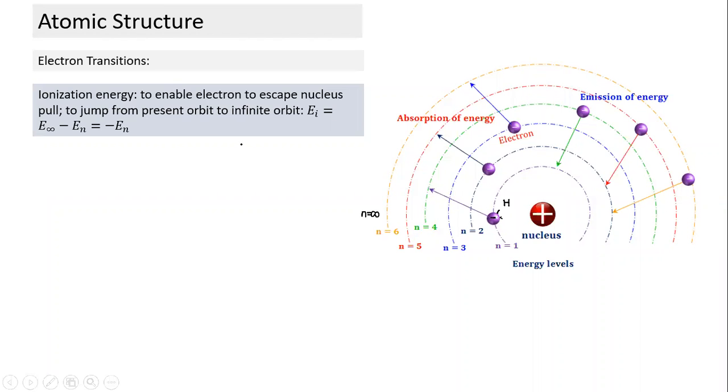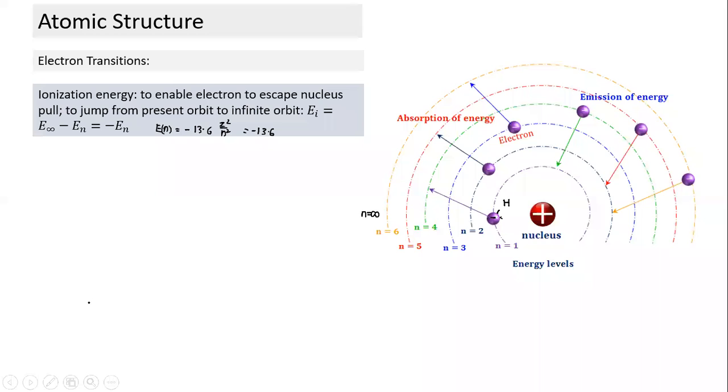En is equal to minus 13.6 Z square by N square. So for a hydrogen atom in the ground state, N is equal to 1, En is equal to minus 13.6. So what is the ionization energy for the electron in the ground state? The ionization energy is equal to 13.6 electron volts.